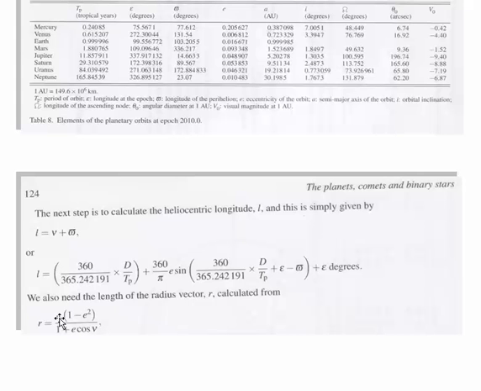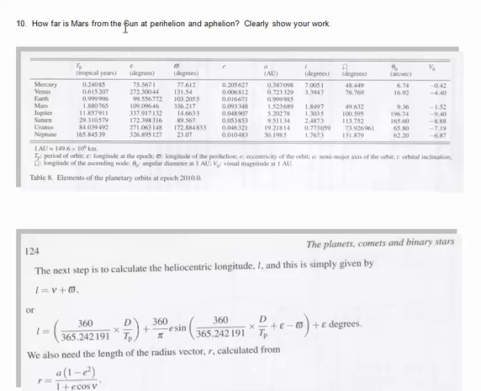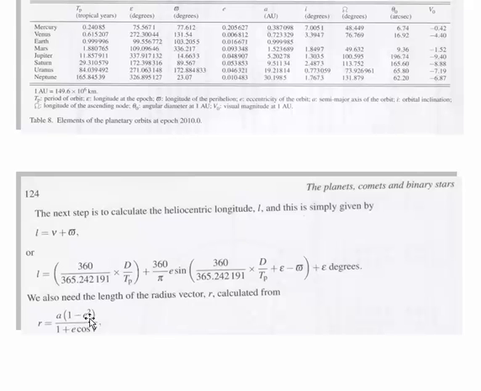Lowercase a is the semi-major axis, which can be found here. The value here for the Earth is about 1 astronomical unit, or 93 million miles. In the case of Mars, it's 1.53 AUs. That would go right there, if you were calculating the distance from the Sun to Mars in astronomical units. E is the eccentricity.